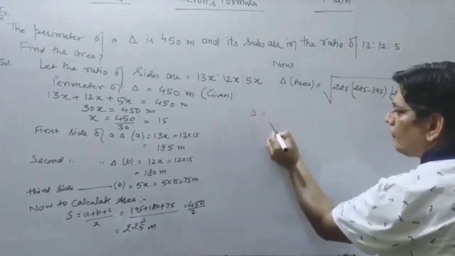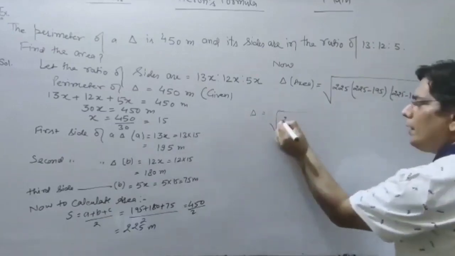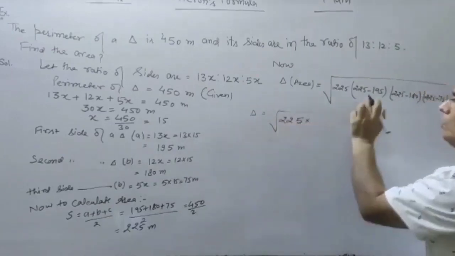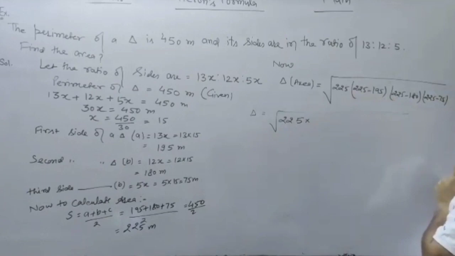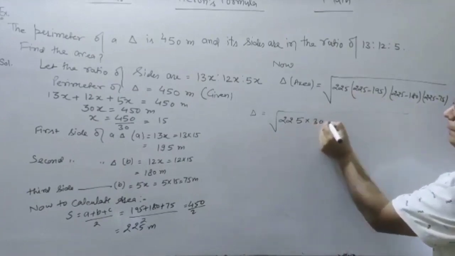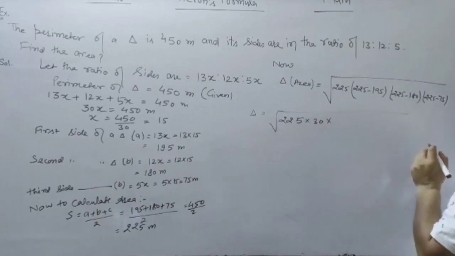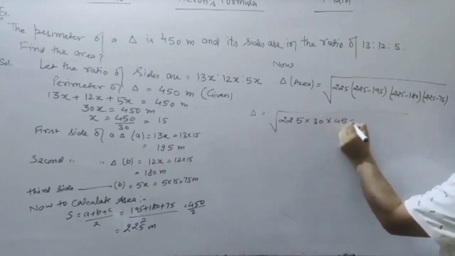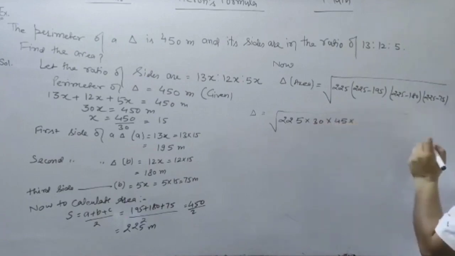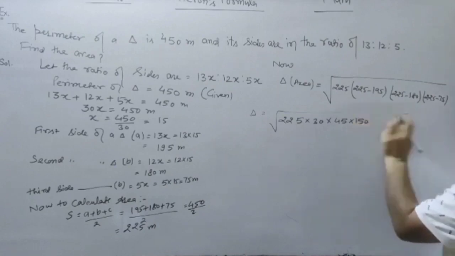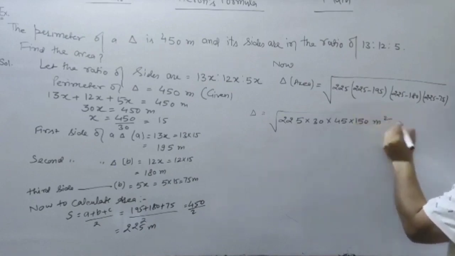Now what we get: 225 into 225 minus 195 will be 30, 225 minus 180, that means 45, and again 225 minus 75, 150, and that will be in meter square.